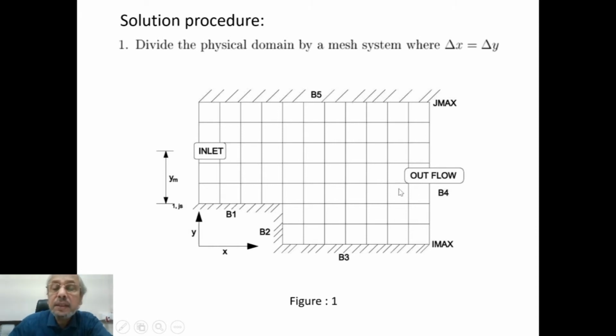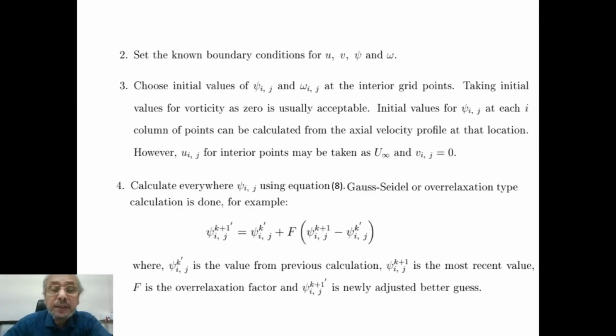We do that. Then we assign boundary conditions and check the distribution of psi, whether it is a plausible flow distribution. And then again we go for the next iteration.